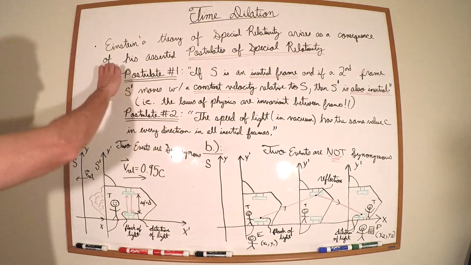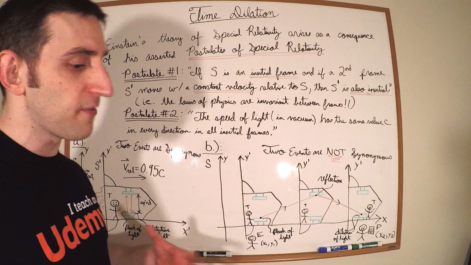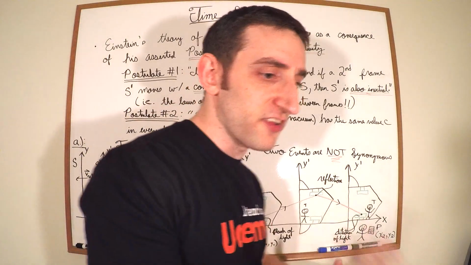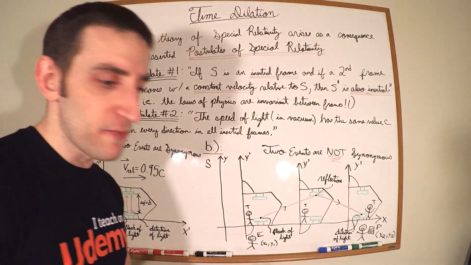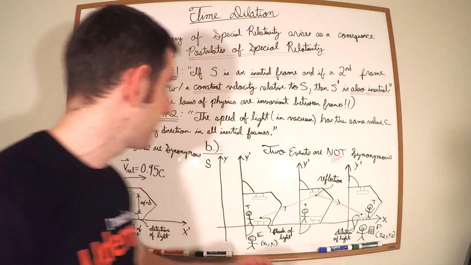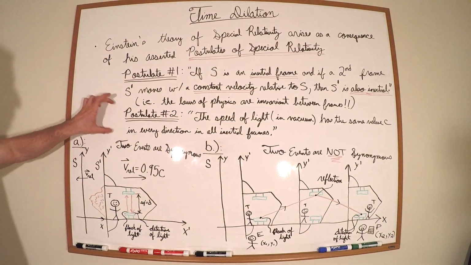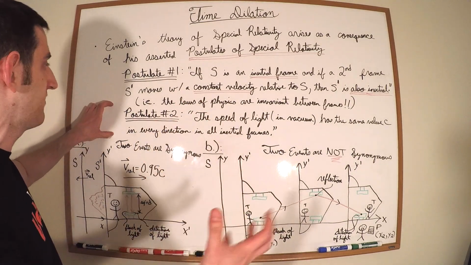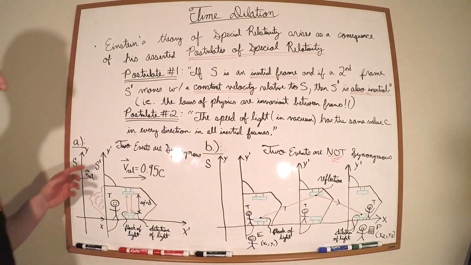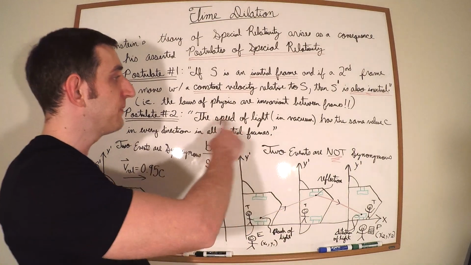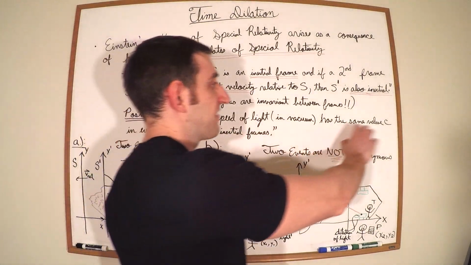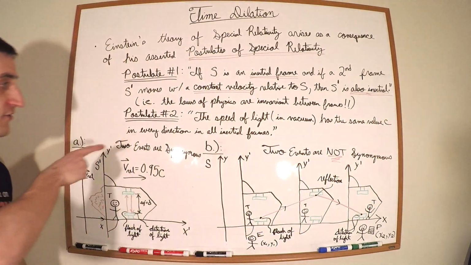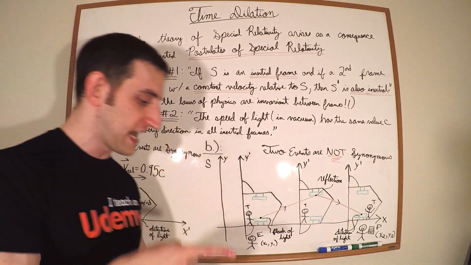Okay, so that's one big postulate that came out of the observations that Einstein was making, and also from Terence and Philip's experiment. But the big one, which has probably the most significant consequences, is postulate number 2. And this states that the speed of light in vacuum has the same value c in every direction in all inertial frames.